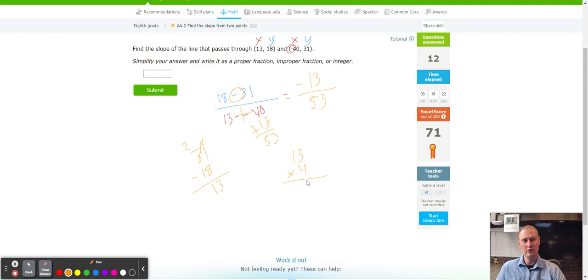Because 3 times 4 is 12, carry the 1. 4 times 1 is 4, plus 1 is 5. Yeah, it misses. So 52 and 53 are not the same thing. And therefore, you are in simplest form right here. All right. We're going to go ahead and do negative 13 over 53.